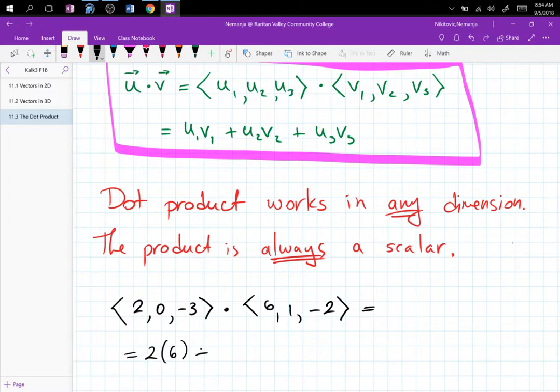So we have 2 times 6 plus 0 times 1 plus negative 3 times negative 2, which is 12 plus 6, which is 18. You all cool? 18? Awesome.